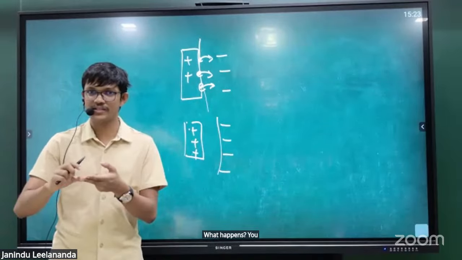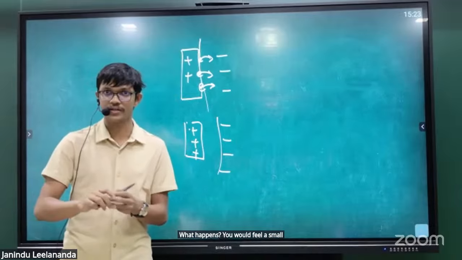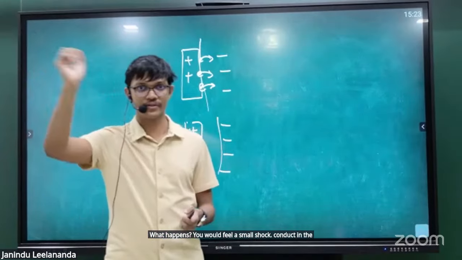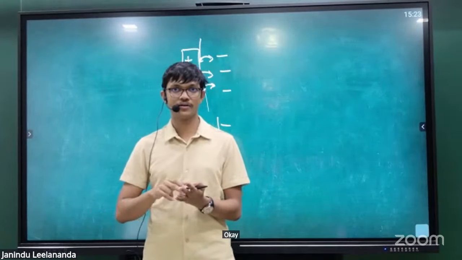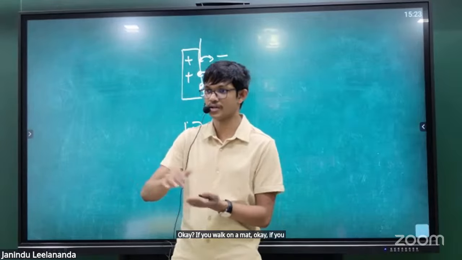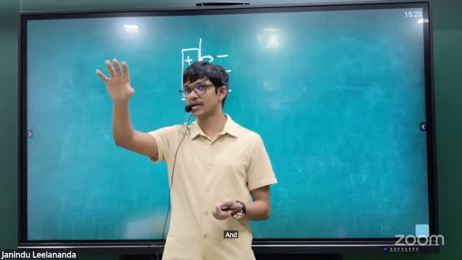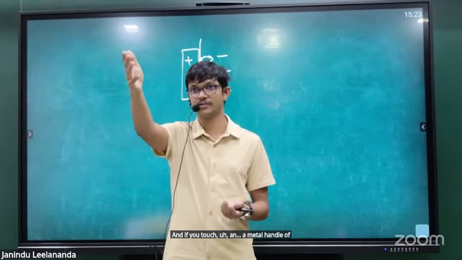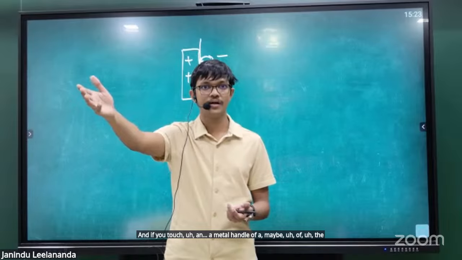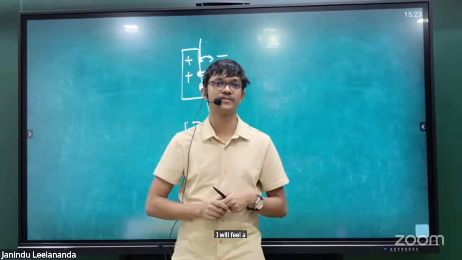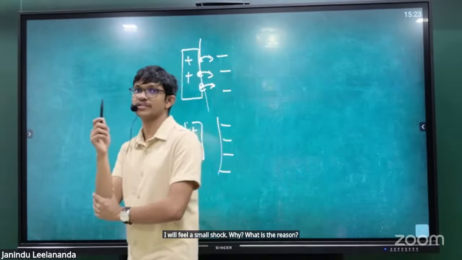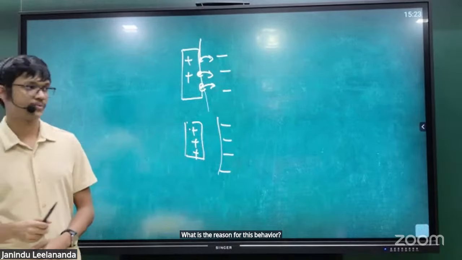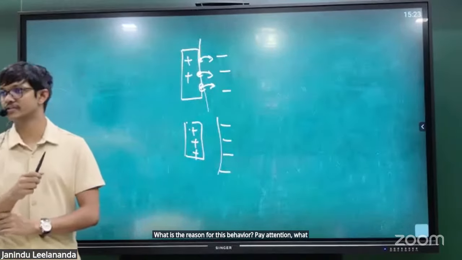You would feel a small shock. Conductor in the sense, the handle of the door. If you walk on a carpet and touch the metal door handle, you will feel a small shock. Why? Pay attention. What is the reason for this behavior?